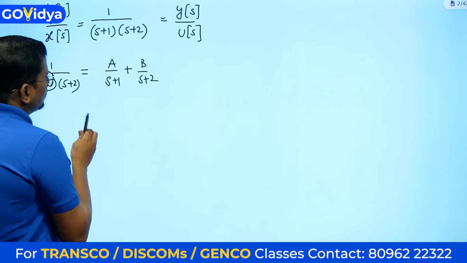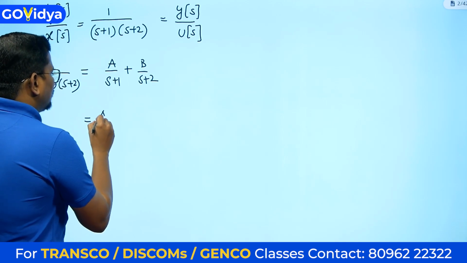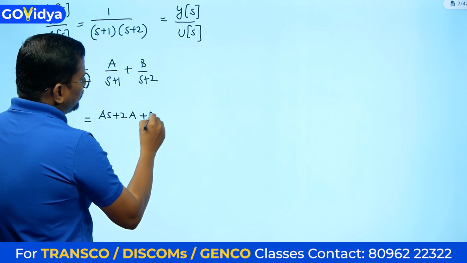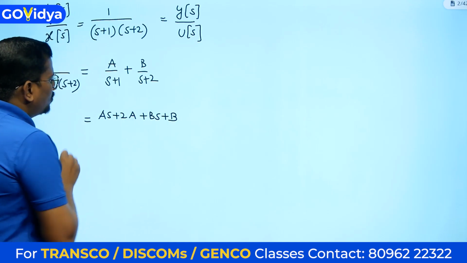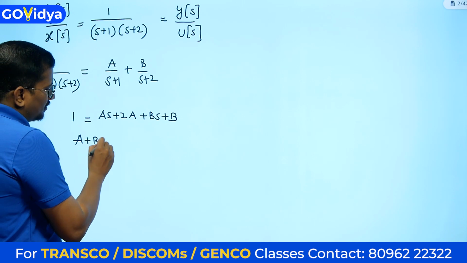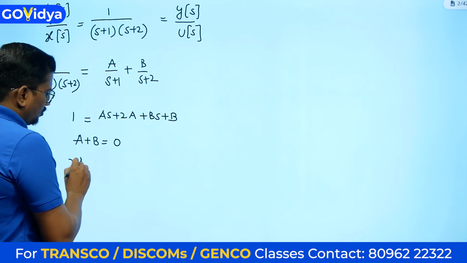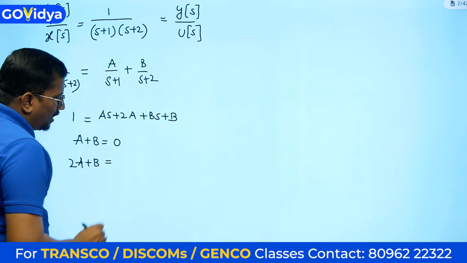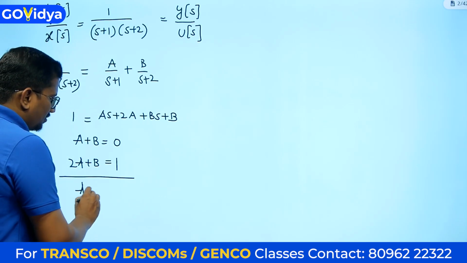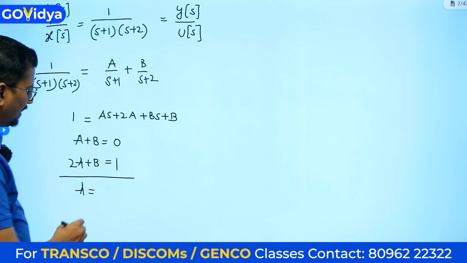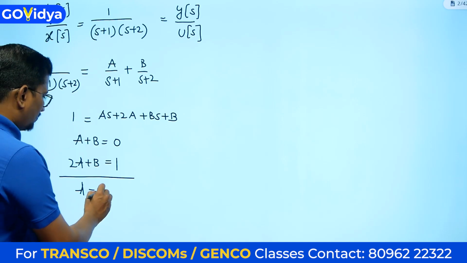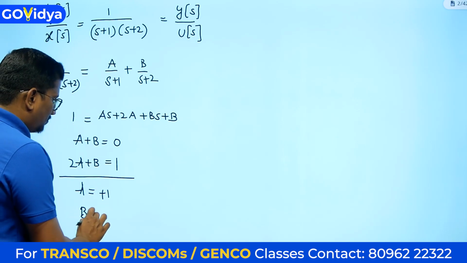Now let us do this: As plus 2A, taking LCM, plus Bs plus B, which is equal to 1. Now compare the coefficients of s: A plus B equals 0, 2A plus B equals 1. Now solve these two equations. I will get A equals 1, and B equal to minus 1.